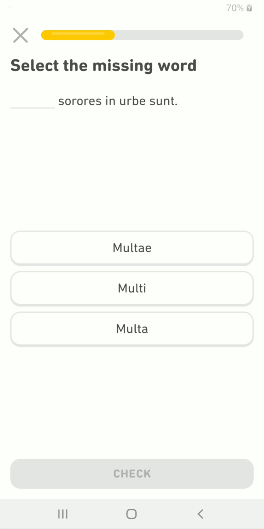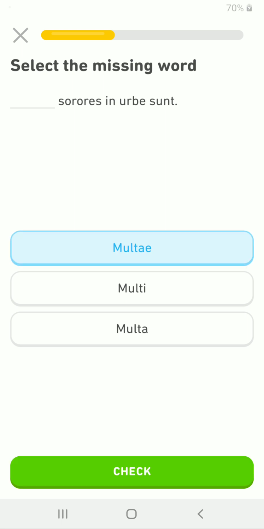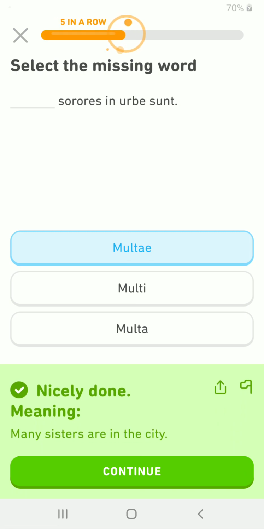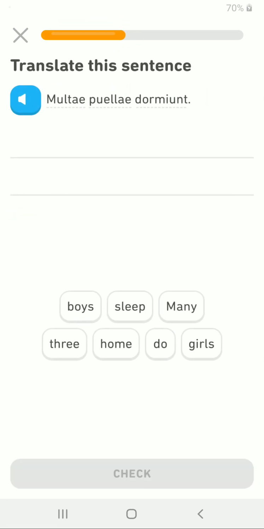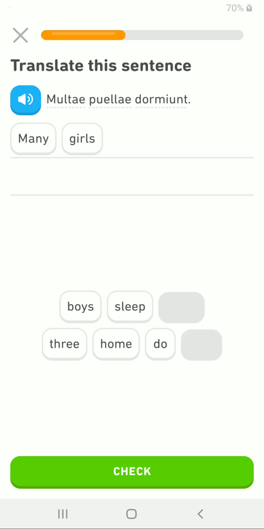So it has to be multi, because multi is masculine plural, so it has to be multi. Multae puellae dormiunt. So many girls sleep.